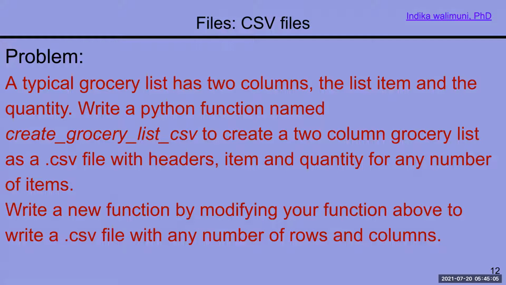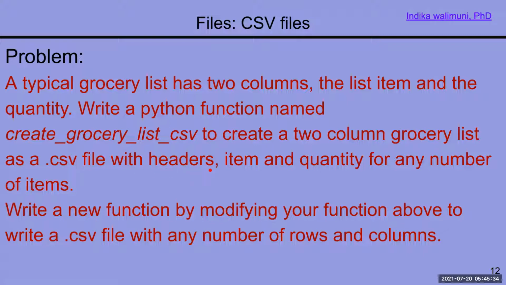All right. So let's practice with a CSV file by solving a problem. We're going to use the same grocery list file, now with two columns, item and amount. A typical grocery list has two columns, the list item and the quantity. So write a Python function named create grocery list CSV to create a two-column grocery list as a .csv file with headers.